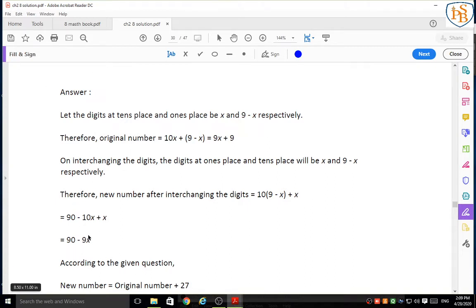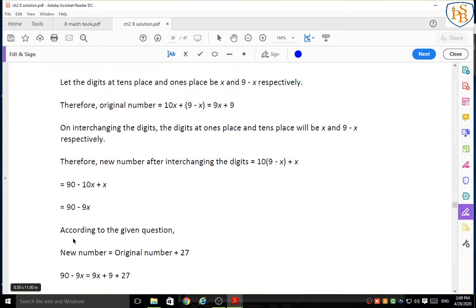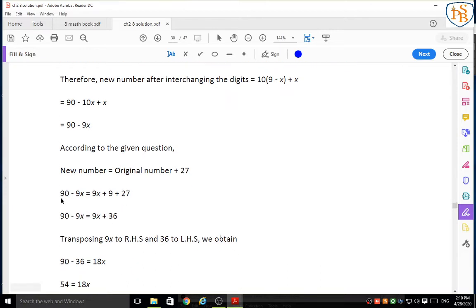And according to the condition given in the question, the difference between the new number and the original number is 27. That means the new number is equal to the original number plus 27. That means 90 minus 9x is equal to 9x plus 9 plus 27. So 90 minus 9x is equal to 9x plus 9 and 27 becomes 36.